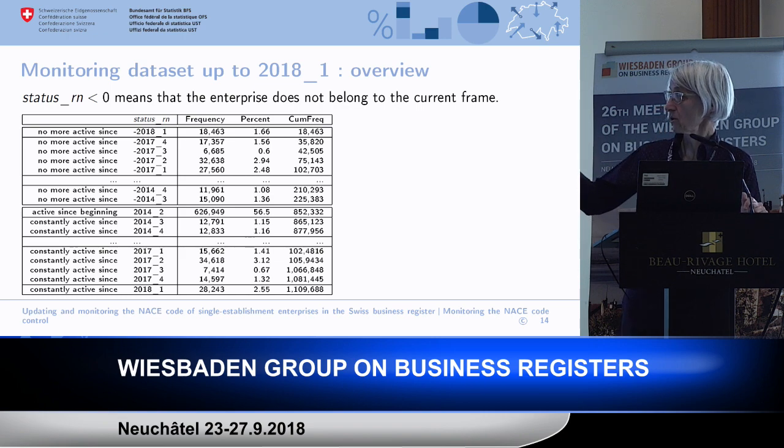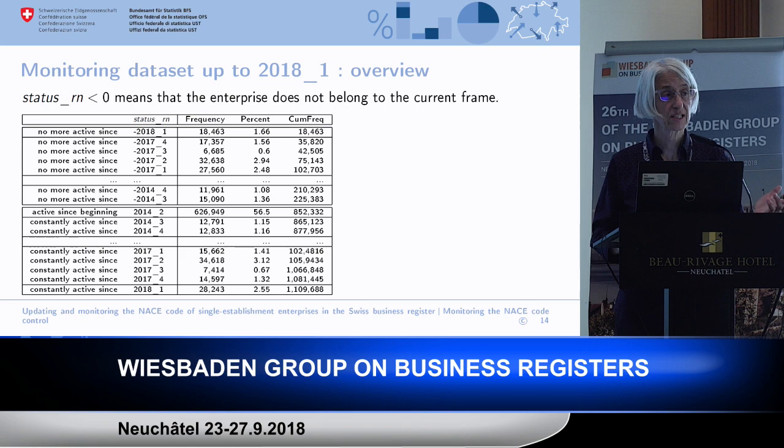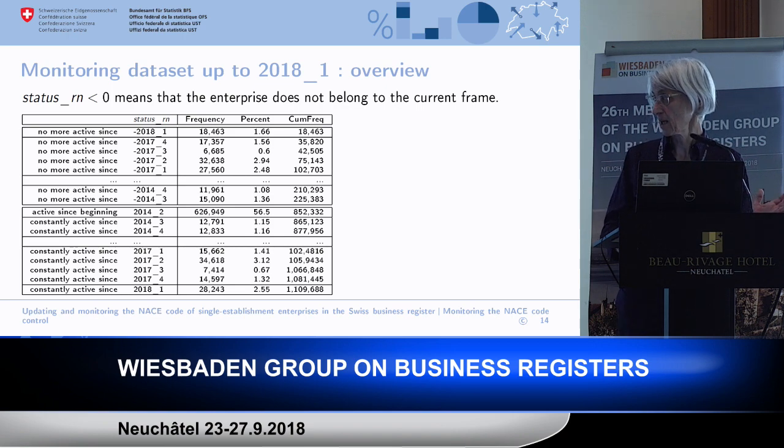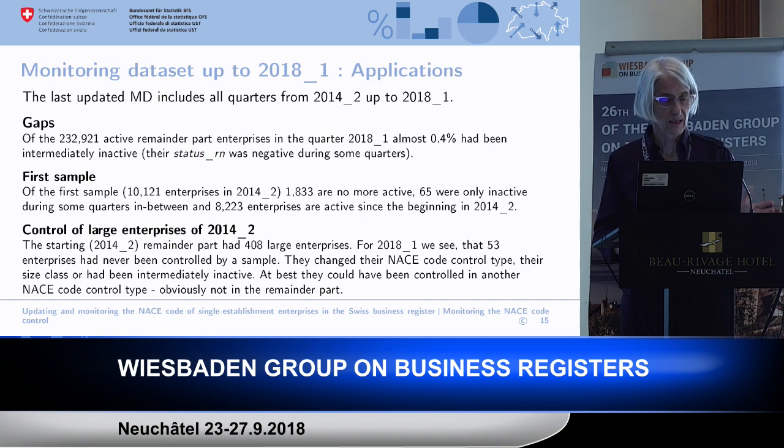Or the nearly 630,000 enterprises in the middle line are in this monitoring dataset since the beginning. Or the last number, 28, shows that in the actual quarter we have this number of enterprises. Maybe they are new, or maybe they had been inactive.